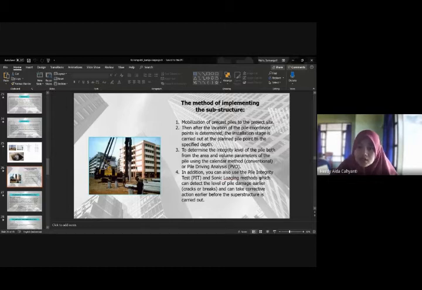Number three, determine the integrity level of the concrete for the area and volume parameters of the pile, using conventional methods or PDA.